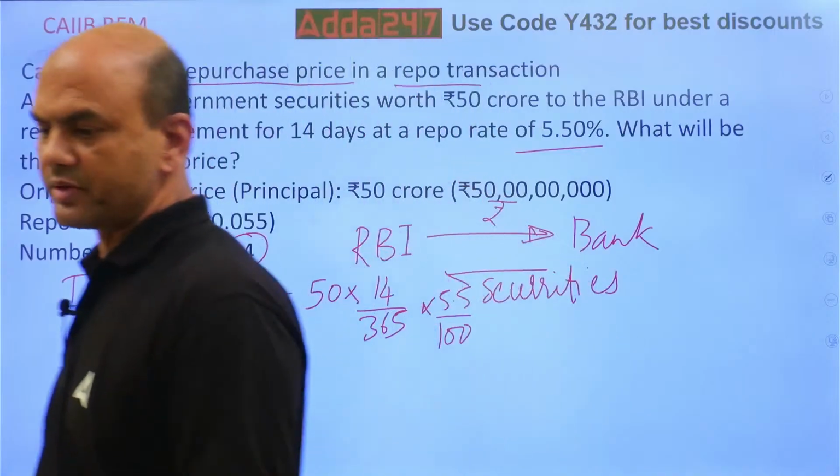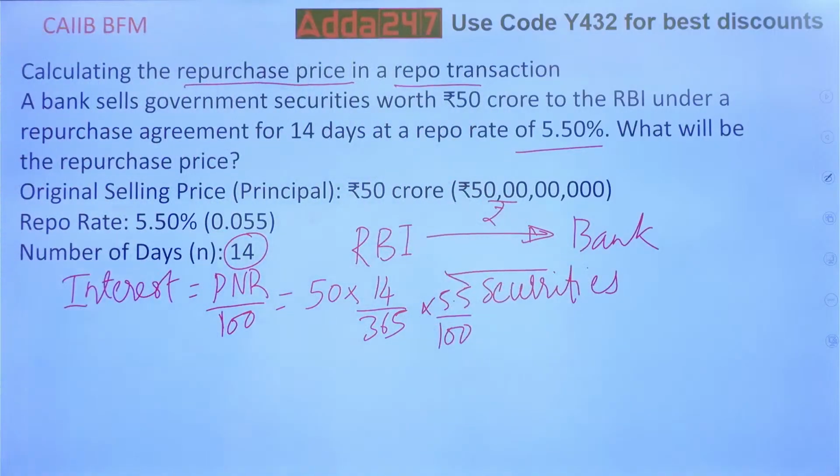Do the calculations, everyone. What are you getting? Everyone give me the answer. How many of you are trying? What is the answer for this?